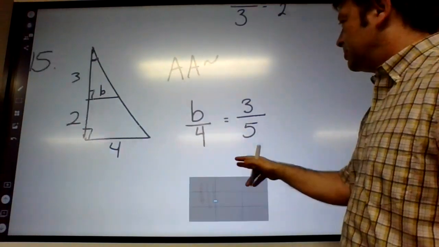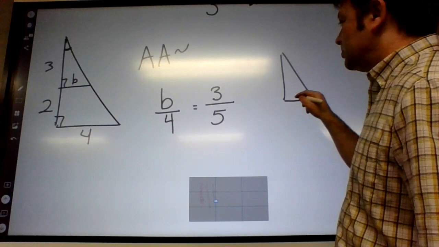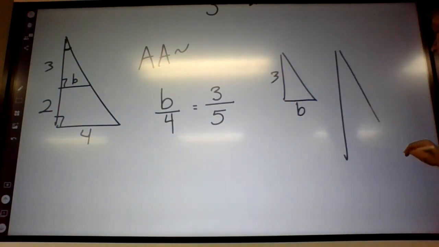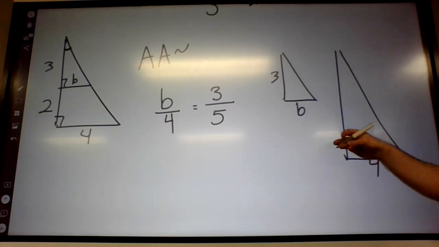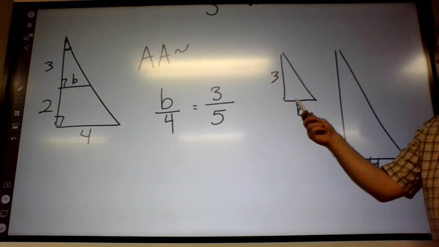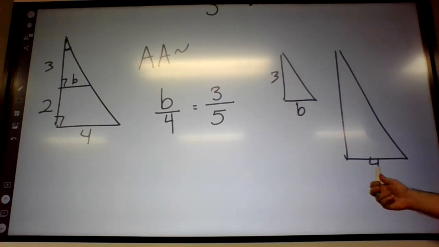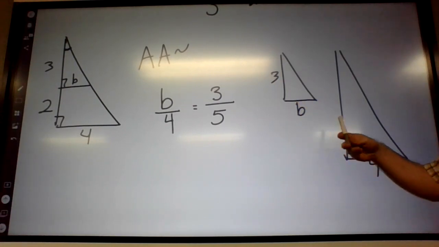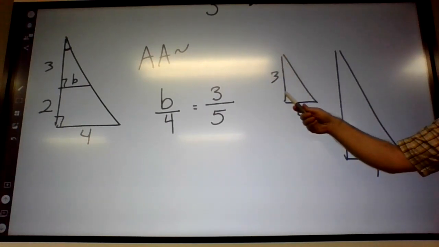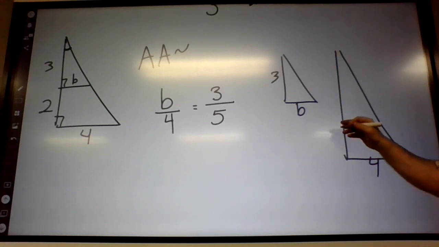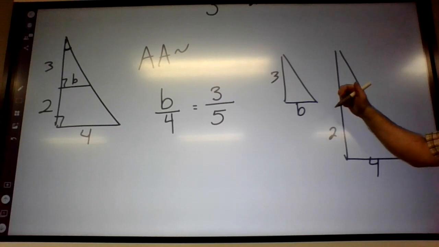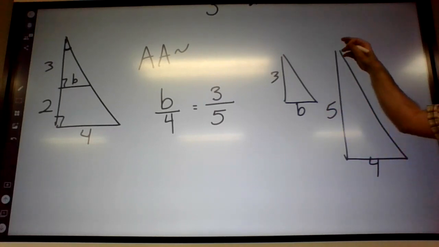Okay, I'll separate them, because that's not in the triangle. B is the entire bottom side of the little triangle, just like 4 is the entire bottom side of the big triangle. The tricky part is 3 is the long leg on the little triangle, but 2 is not the long leg on the big triangle. It's 2 plus 3, so this is actually 5 long.